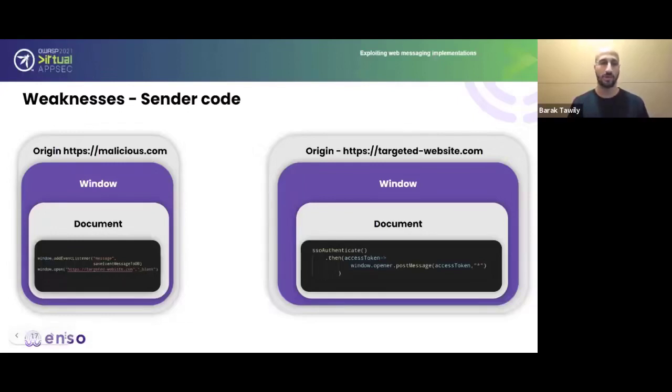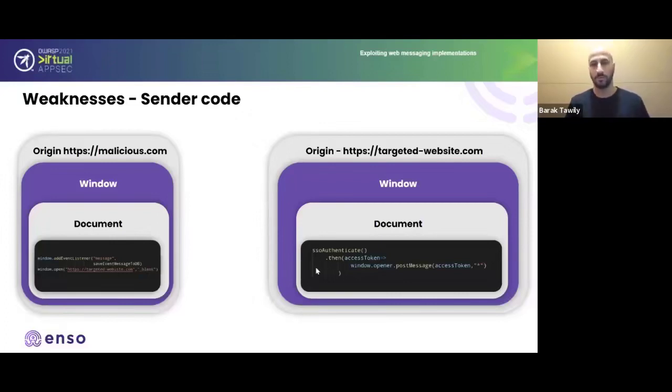Once it receives one, it uses the save event message to DB function, which saves any message received by this listener in the attacker's DB. Then it used window.open in order to open up a new tab to the targeted website page.